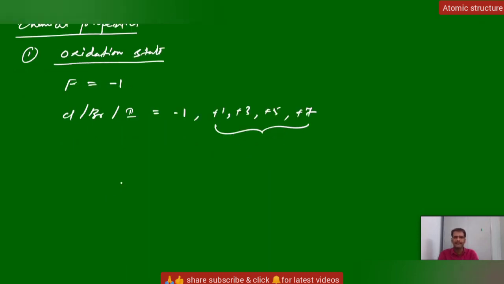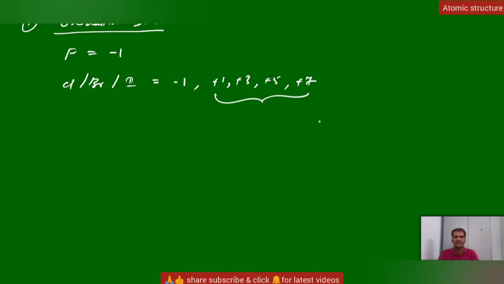And here you should remember one important point. Sometimes questions can be asked: in which case we can see the +1 oxidation state, when +3 oxidation state, and when +5 and when +7 oxidation state. This type of question. And if you see the electronic configuration of these halogens, that is ns2 np5. So chlorine, bromine, iodine, they are having d orbitals also, nd0.